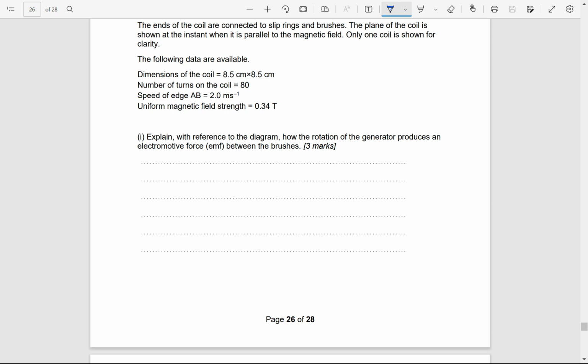Now, a lot of people wrote, if you look at your answer and then you look at the mark scheme when you're listening to this, you'll probably be thinking that's what I wrote. It's not. Firstly, you weren't writing in IB language, you were writing in GCSE language. And secondly, you weren't going into the right level of detail for IB.